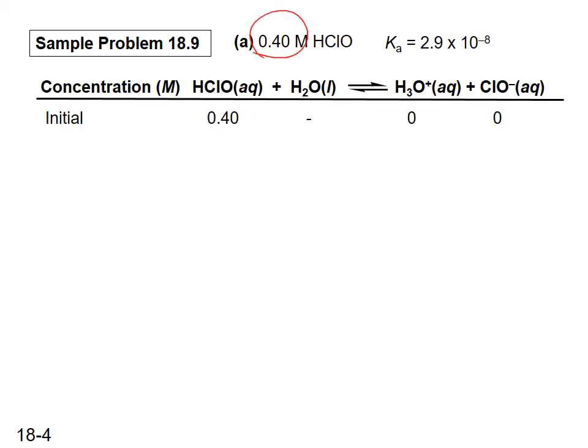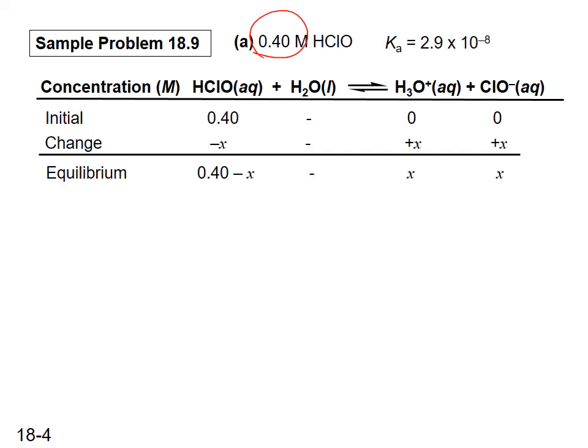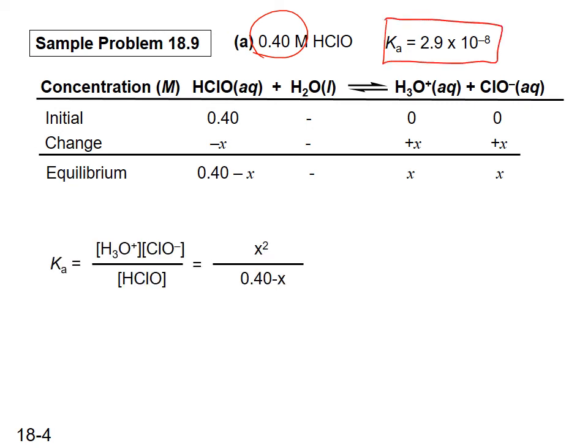So here is the initial concentration, the change, the equilibrium. To solve X, we use information Ka. We write Ka equals product divided by reactants. Here is X times X, so X squared divided by initial concentration.